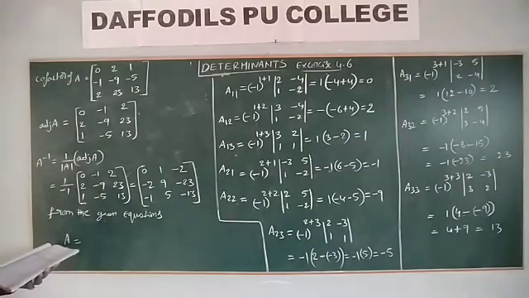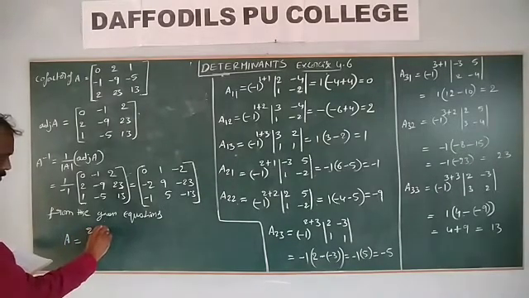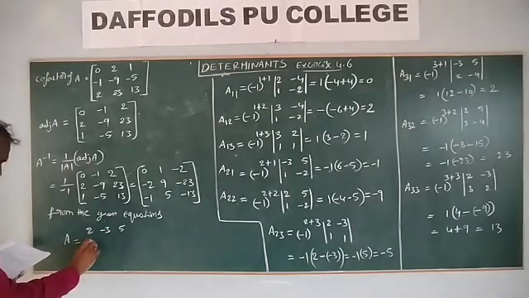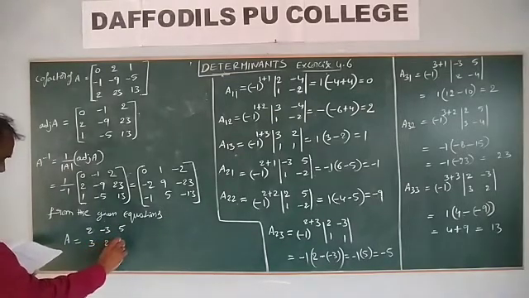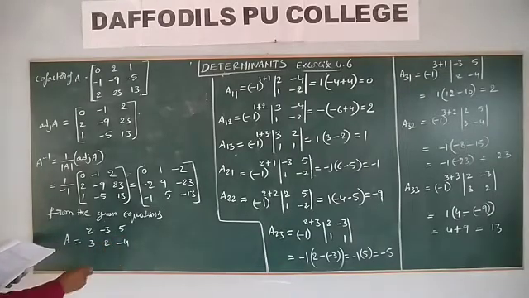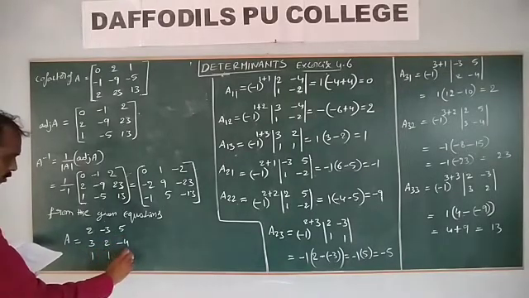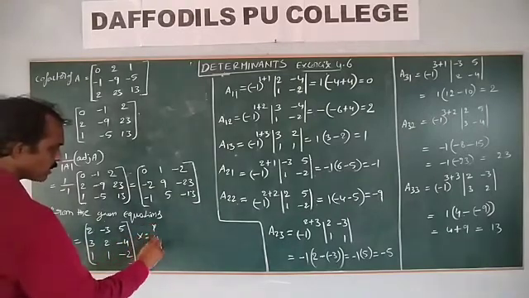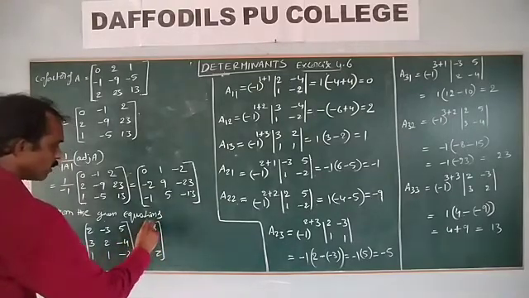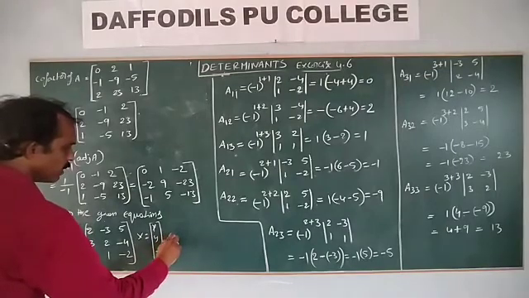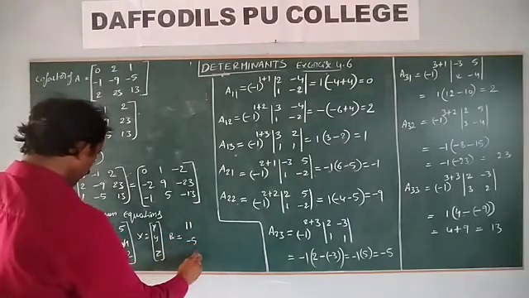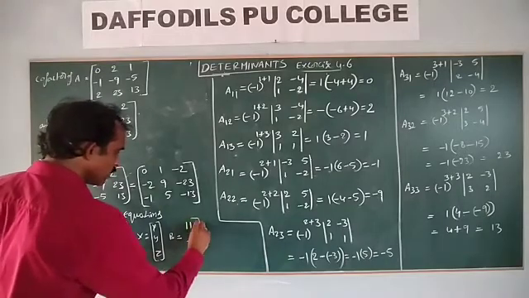Given equations, what is the matrix? 2, minus 3, 5, 3, 2, minus 4, 1, 1, minus 2. X is equal to x, y, z, and b is equal to 11, minus 5, minus 3.